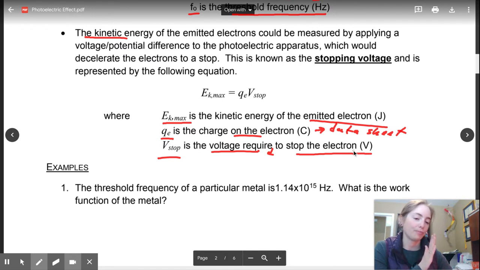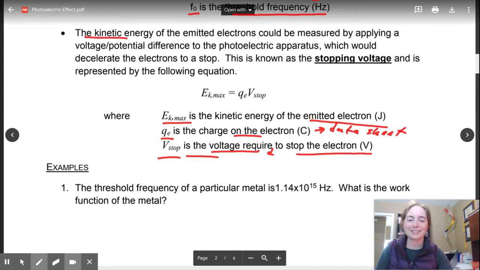So it's the amount of energy required to stop that electron from moving, to slow it down. We can measure the amount of energy required to stop something, and that would then equal the energy that it has. Once again, V stop would be the minimum voltage in order to stop the particle.